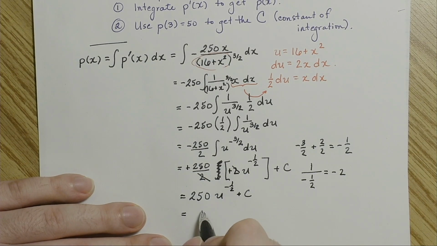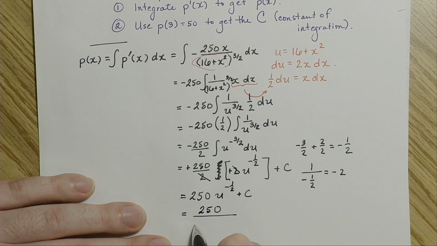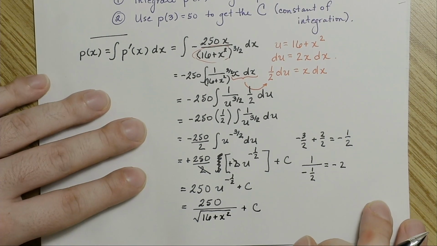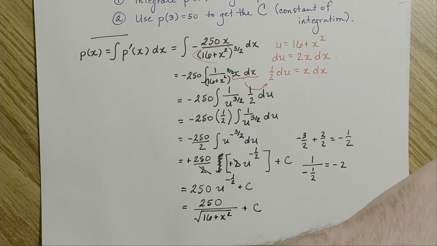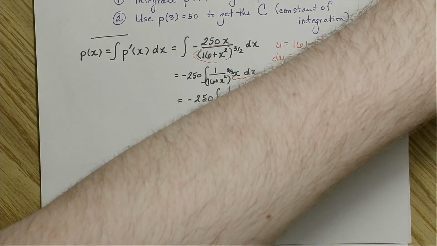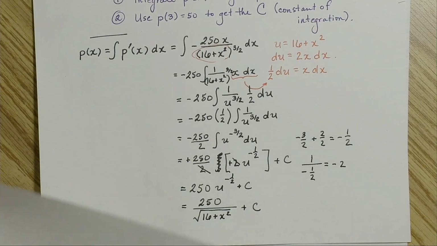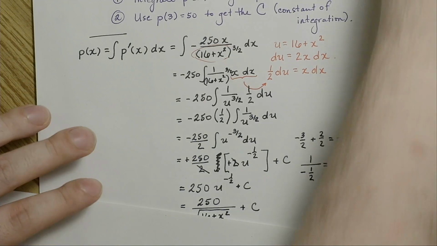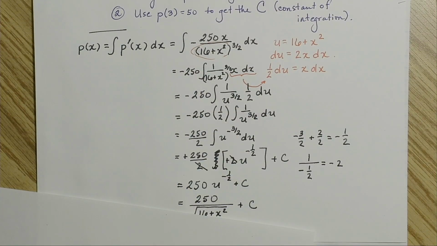So I'm going to have 250 over the square root of 16 plus x squared plus a constant. There's page 4. So I can continue on to the next page.